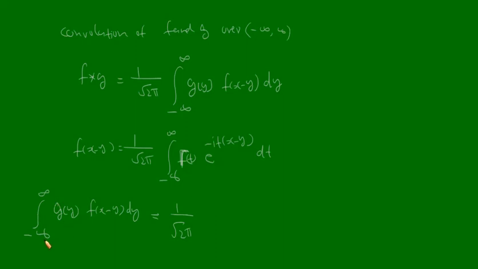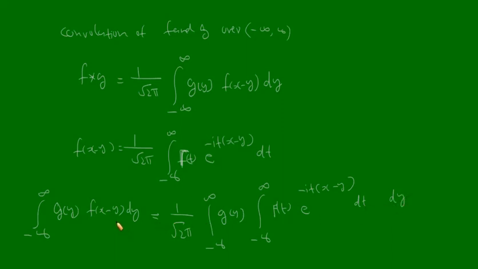integral from minus infinity to infinity, g of y. So 1 by root 2 pi comes from f of x minus y. Then this term: integral from minus infinity to infinity F of t e raised to minus it (x minus y) dt, then dy.